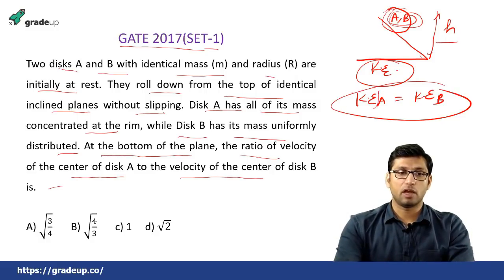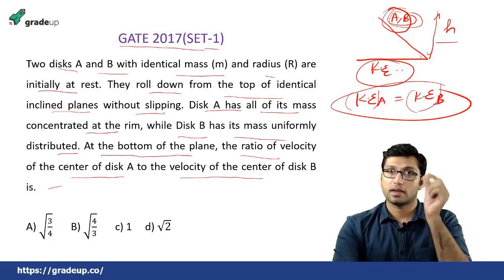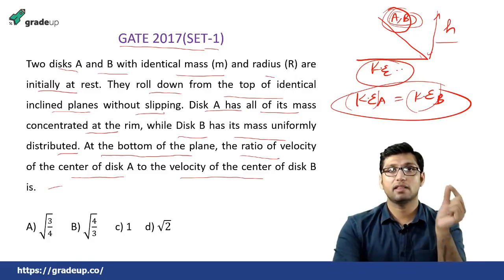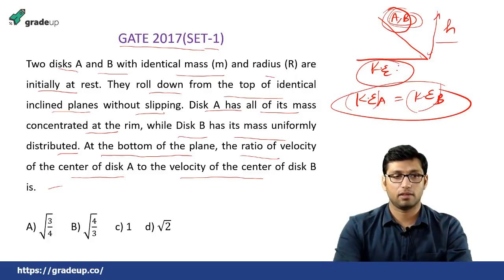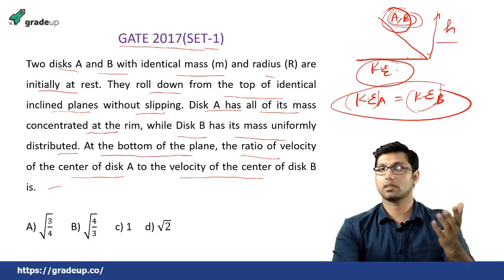Now this kinetic energy of body A and body B will be the sum of the translatory motion kinetic energy and the rotatory kinetic energy, because along with rolling, this body will also slide down this plane. It is pretty obvious it will also slide.